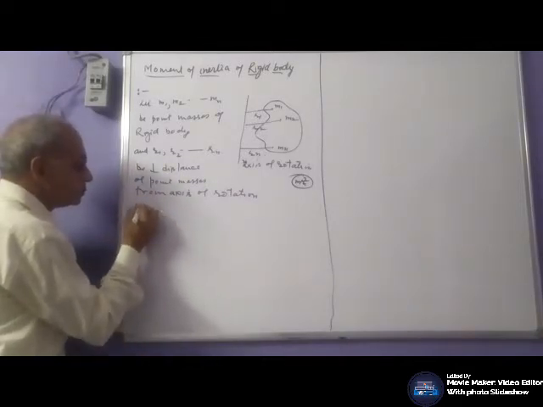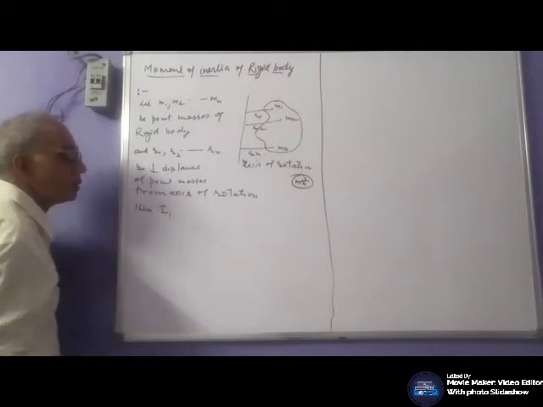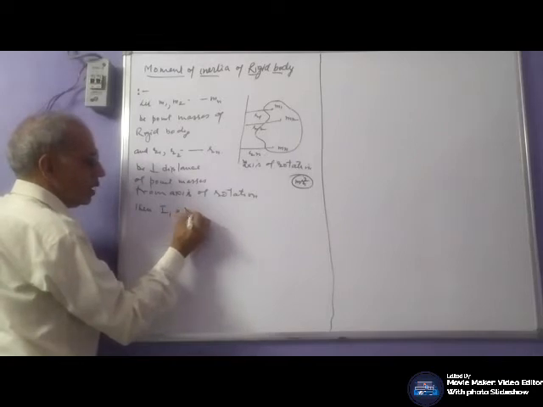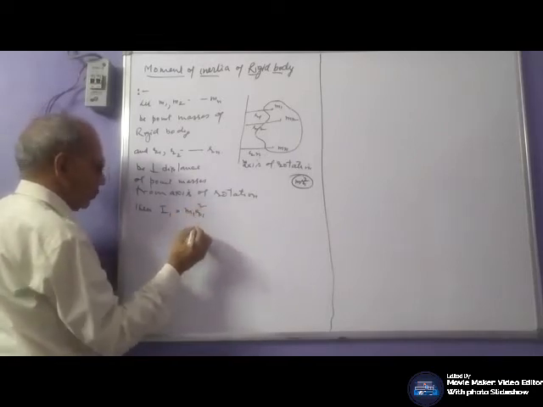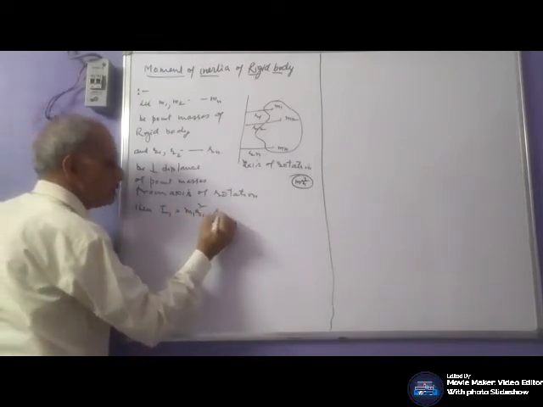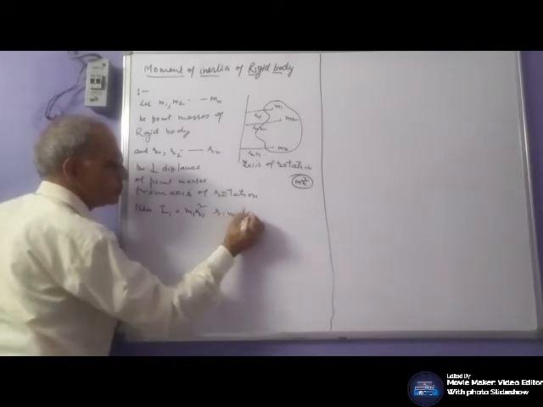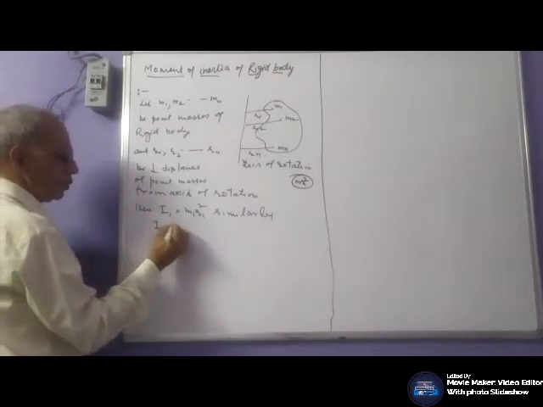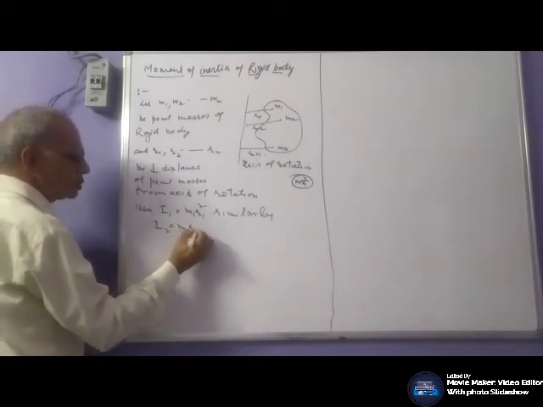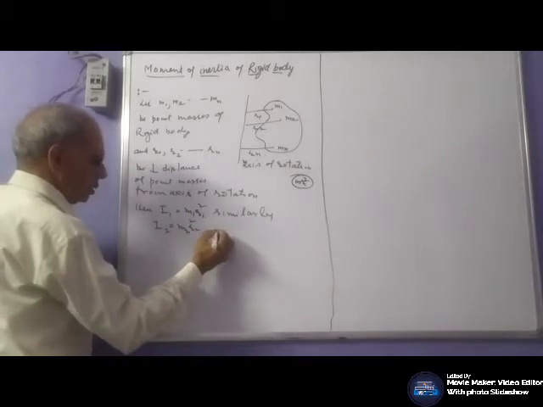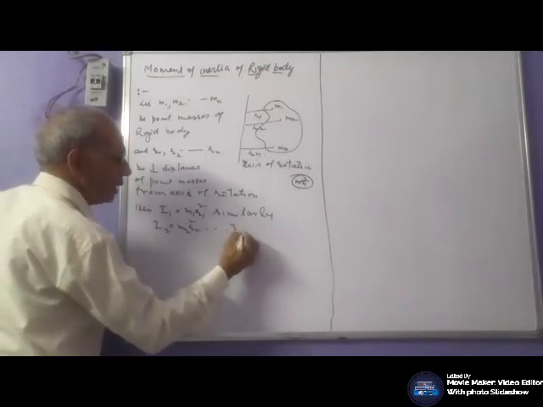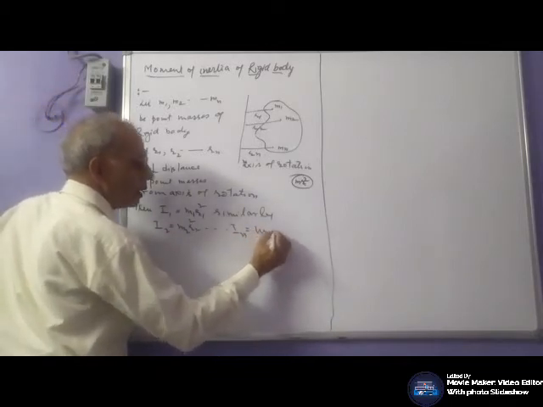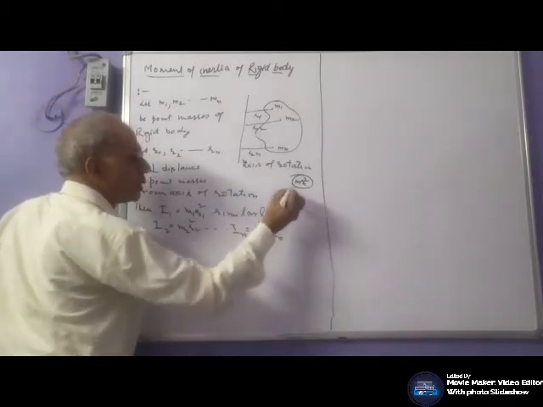Then I1, the moment of inertia of point mass m1, is m1 r1 square. Similarly I2 is m2 r2 square, and so on, up to mn rn square.